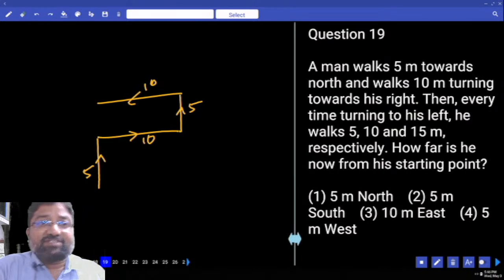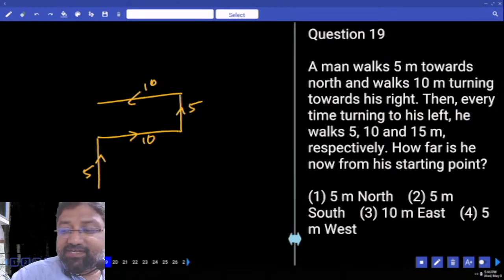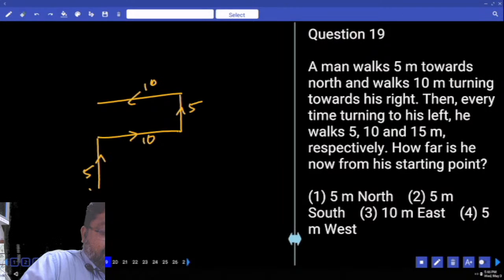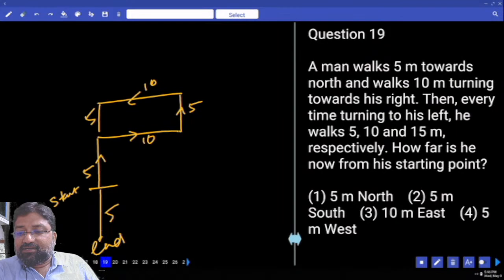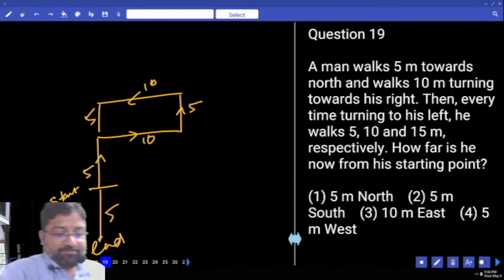He is facing west. West's left is down. So actually this is his starting point. Finally 15. This is 5, another 5, extra 5. This is his ending point. What is the question? How far is he from the starting point? 5 meters south.